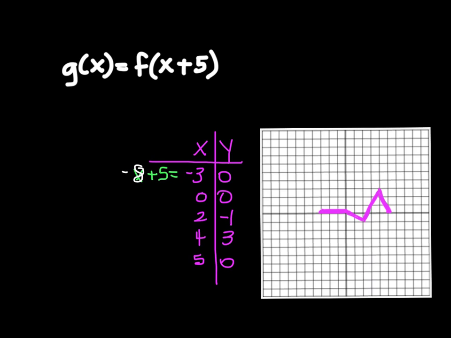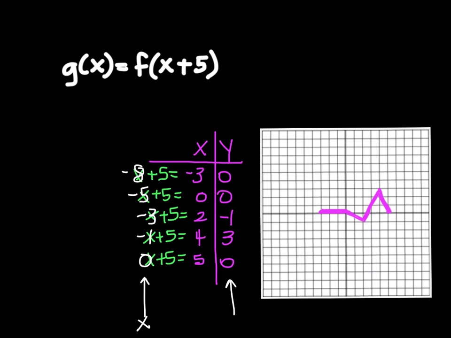I'm looking for an x that when I add 5 will give me 0. That will be negative 5. I'm looking for an x when I add 5, it will give me 2, and that would be negative 3. I'm looking for an x that when I add 5 will give me 4, and that will be negative 1. And lastly, I'm looking for an x when I add 5, it will give me 5, and that will be 0.